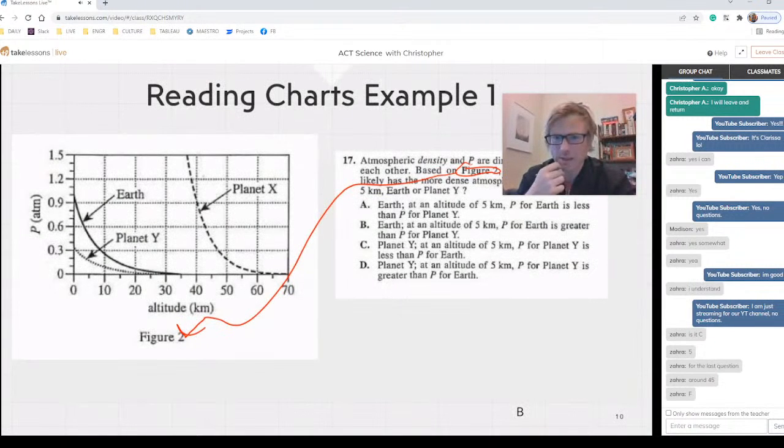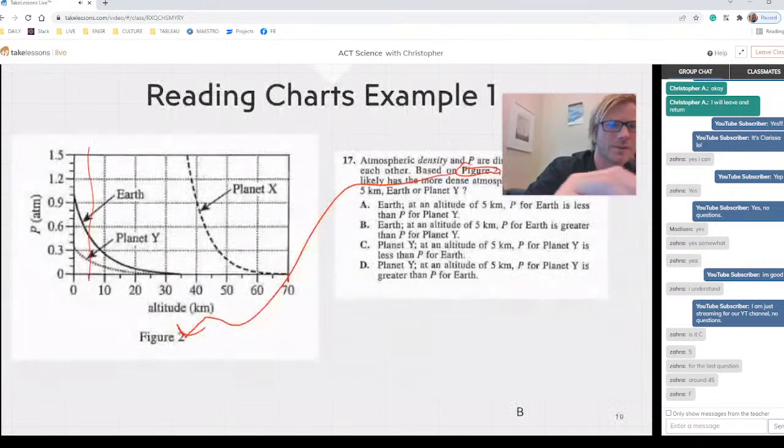Which planet more likely has the more dense atmosphere at an altitude of 5 kilometers? Who is more dense, Earth or planet Y?